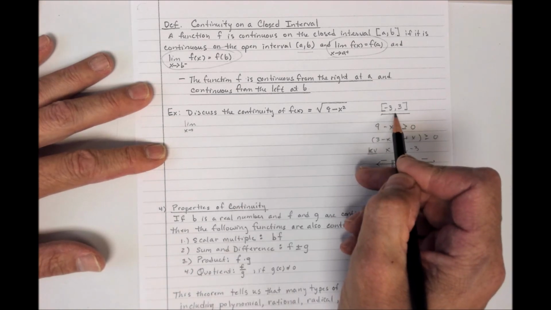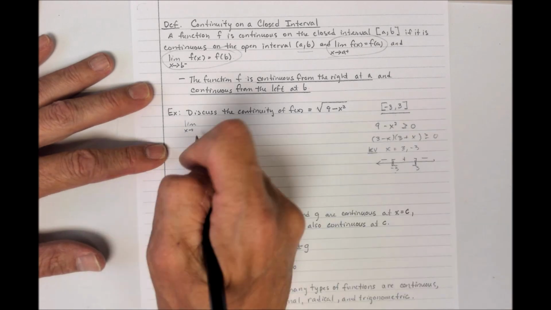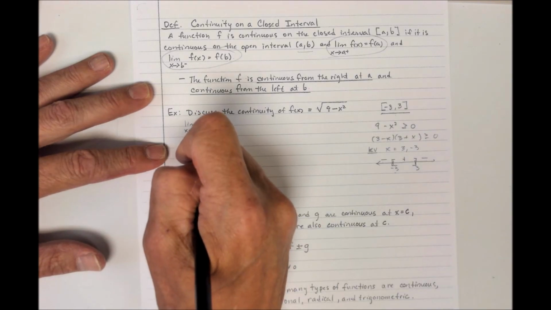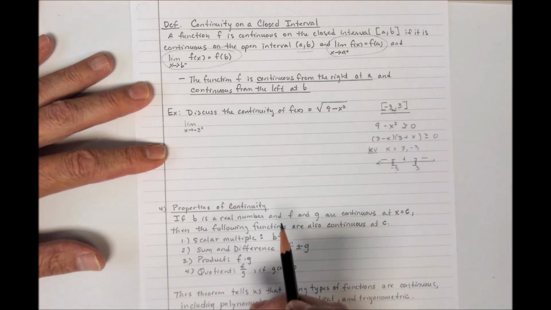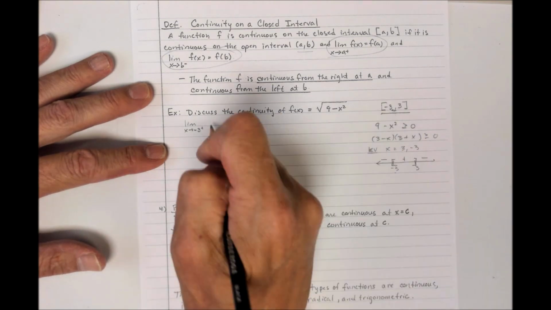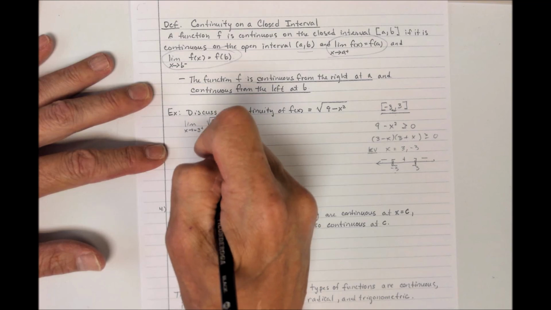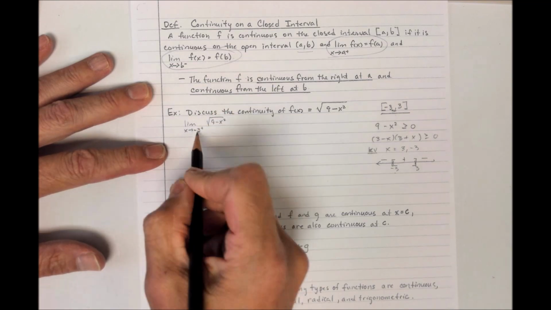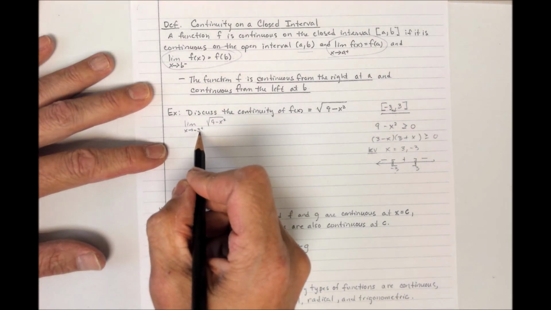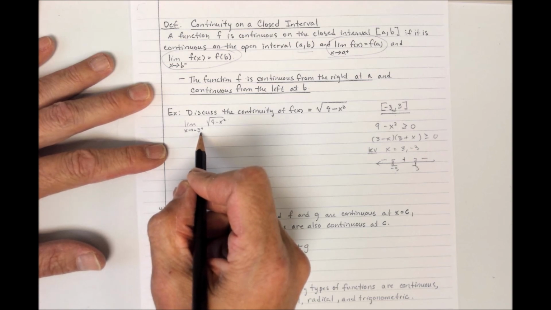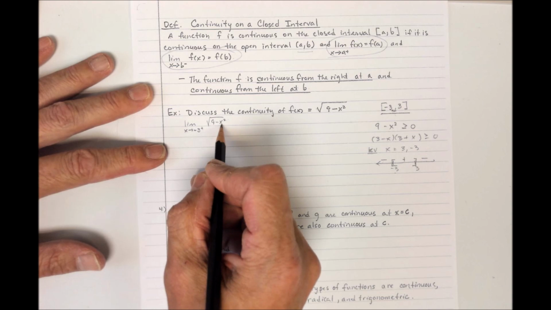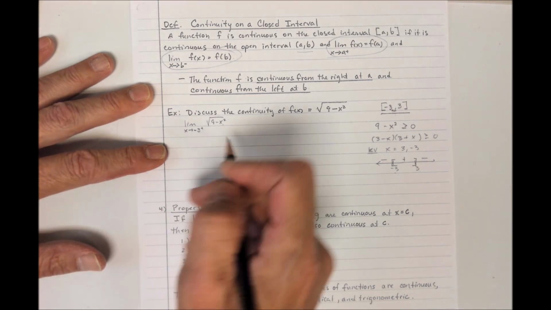So I'm going to have to consider the limit as x goes to -3 from the right side, as it approaches -3, of the square root here of 9 minus x squared. Well, as x approaches -3 from the right side, that'd be like -2.9, -2.99, -2.99999. When you square those, it becomes positive and a little bit smaller than 9. So the limit is going to go to 0.